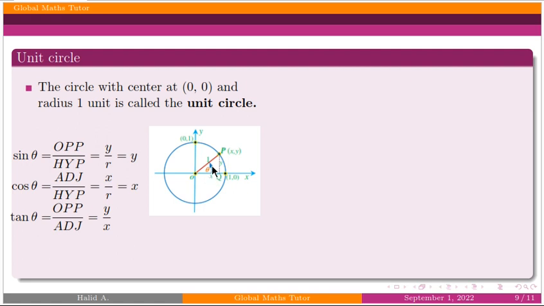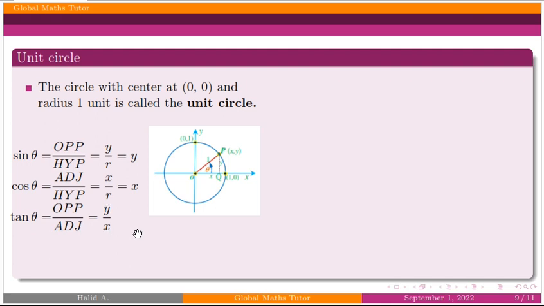So for a measured theta we can find the sine. Sine will be opposite over hypotenuse, so its opposite is y and its hypotenuse is r. In our case r is 1, so y over 1 is simply y. So sine theta is the same as y for a unit circle. For cos theta it will be x over r, which is x. For tan theta, opposite over adjacent will be y over x.